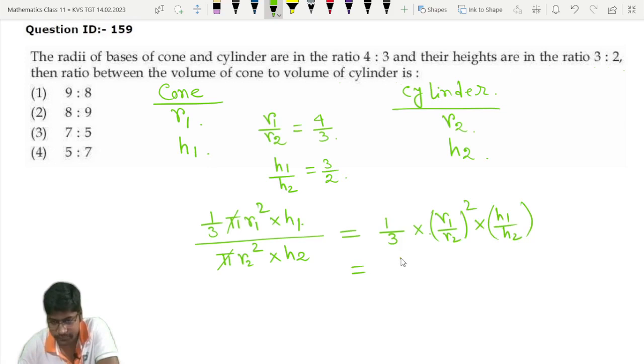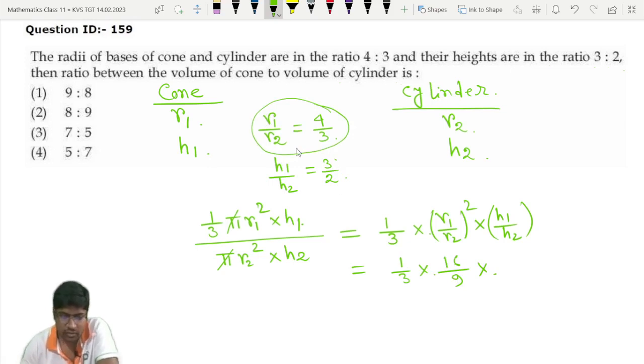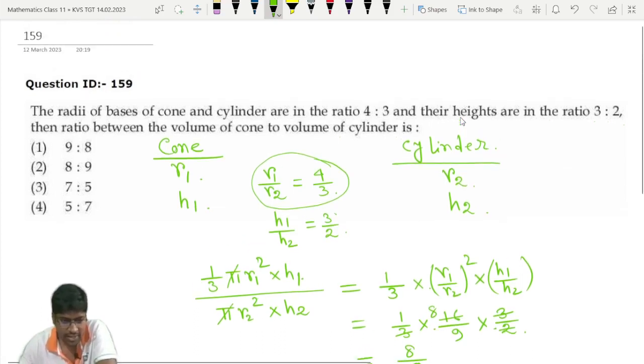So r1 by r2 is given 4/3, so this will be 16/9, and h1 by h2 is given 3/2. So 3 will be cancelled, 2 8 16. So 8/9, that means 8 is to 9. So the required ratio is 8 is to 9. Option 2 is the correct answer.